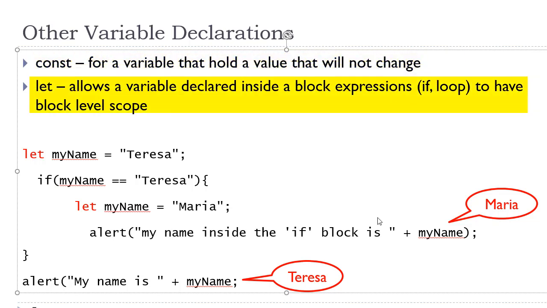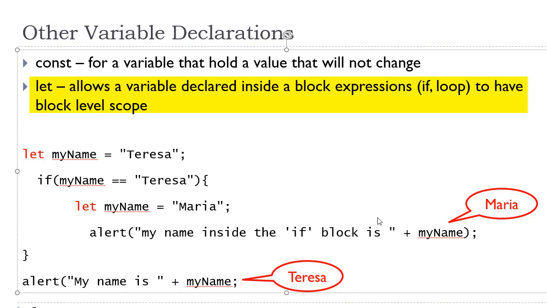We just talked about variables declared inside a function having local scope. We will also have variables being declared within block expressions, such as an if statement or a loop, which we have not yet covered. They do not have local scope. They have global scope.